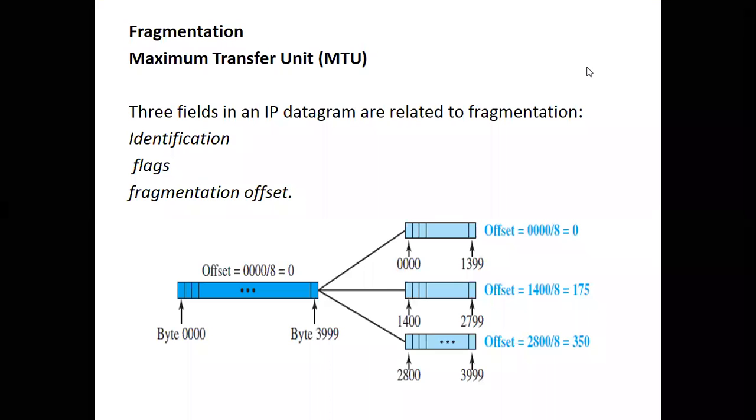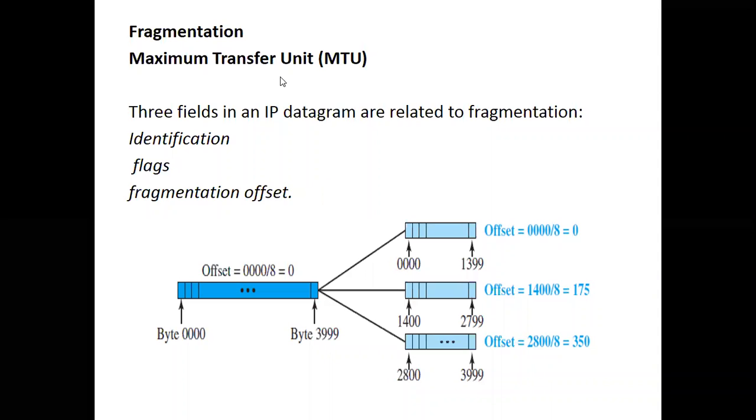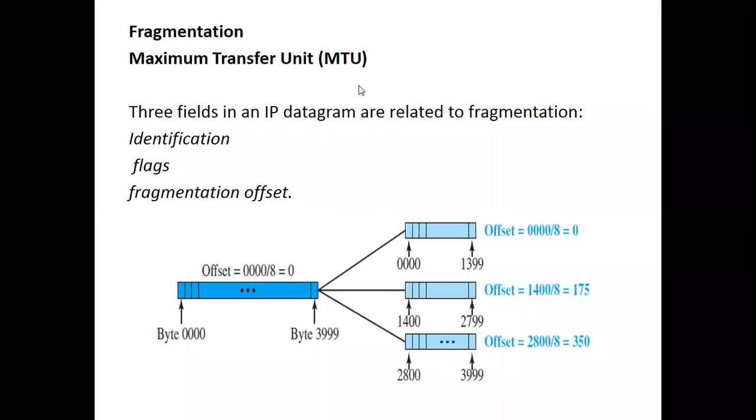We have seen the IP datagram header format, the fragmentation offset and some flags. The idea behind this fragmentation offset is this: whenever the datagram is traveling in the network, every router's capacity may be different, depending on the supporting protocol.